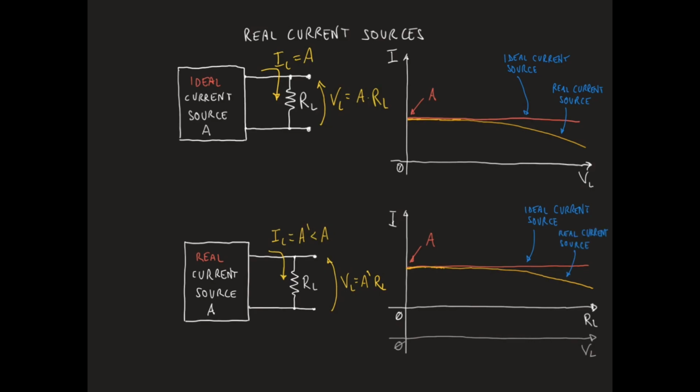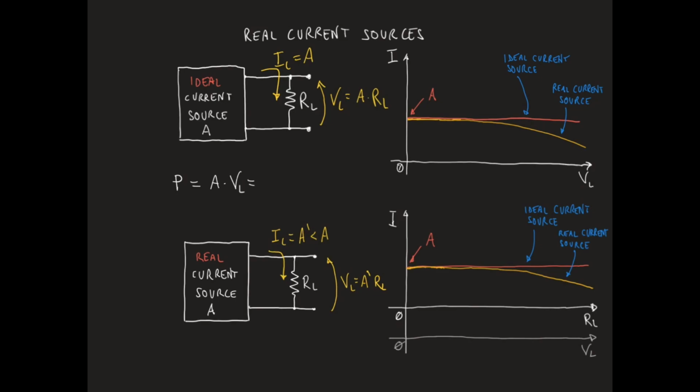As we have already said in the case of the real voltage source, also in the case of the real current source, the behavior we have just described accounts for the fact that no real device is capable of providing an infinite power. We actually know that the power provided by the current source is given by the current forced into the load times the voltage across the load.